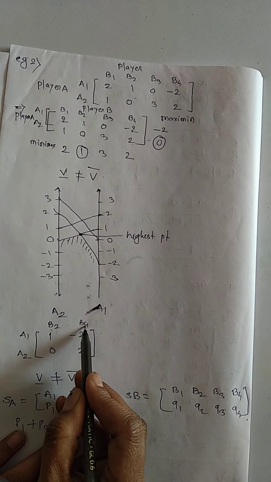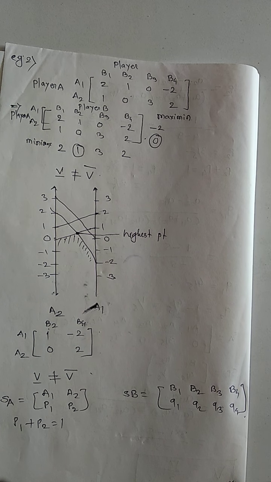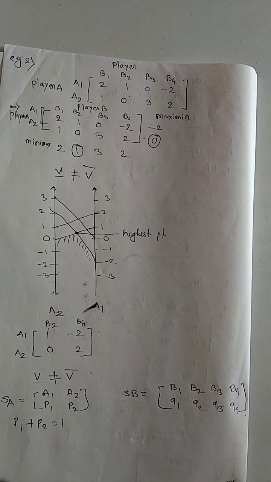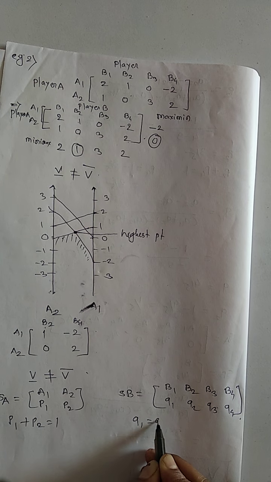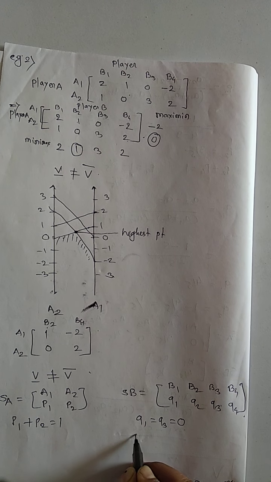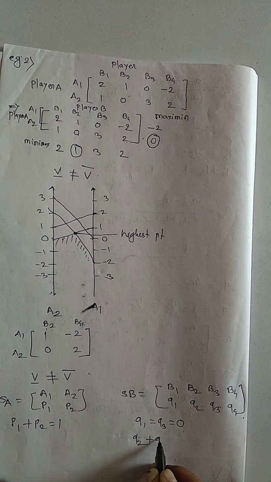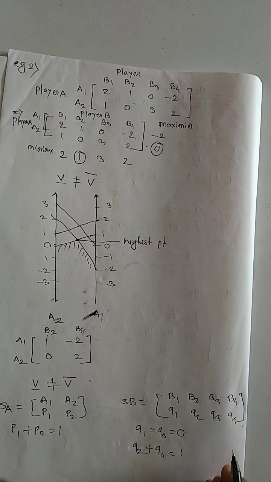Here only the B2 and B4 columns are present, therefore Q1 is equal to Q3 is equal to 0, and Q2 plus Q4 is equal to 1.